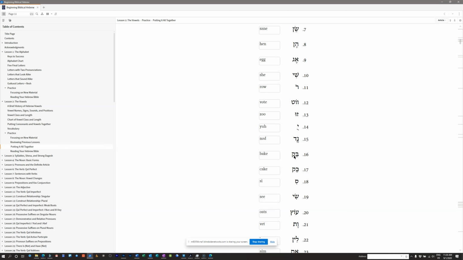Does it really sound different? Probably not to most people. The point is, it is articulated in a different spot. If you just use the same sound for the kof and the kaf with the dagesh, you're going to be fine. Don't worry about it. But for the language nerds who want to know the differences, that's the difference.